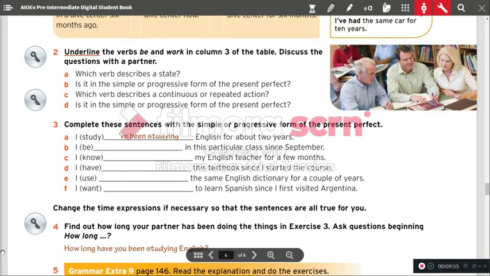You're gonna say how long have you been studying English? All the questions are gonna start with how long. Like in letter C, how long have you known your English teacher? Alright, so you're gonna call your classmates and ask them these questions. Okay, do it, and when you finish, we'll continue.